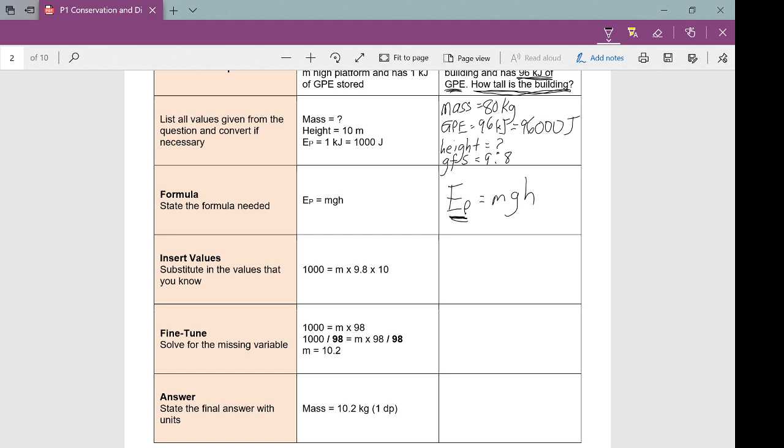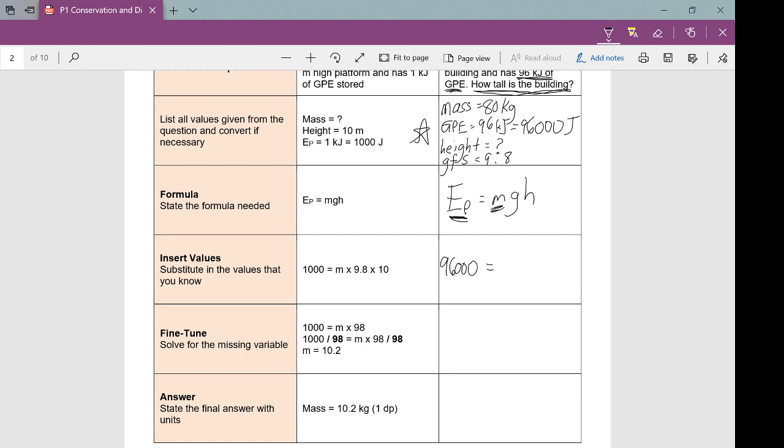Let's look at my list. Very good. EP is gravitational potential energy. I look at my list and I see that I do have a value for gravitational potential energy. It's 96,000. So I'm going to write 96,000 where EP was. Then I'm working left to right.